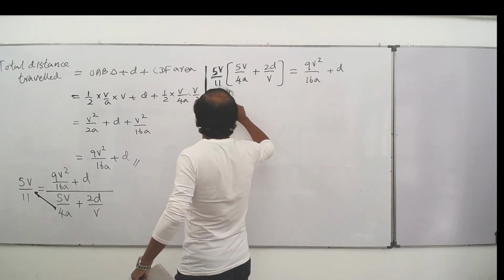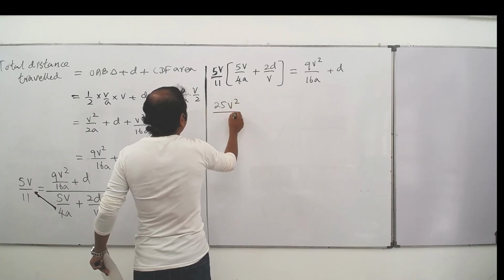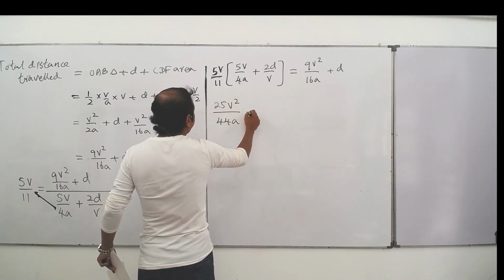Okay. Then here we get 5 and 5, 25V squared over 44A.